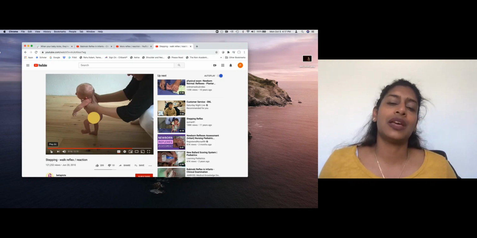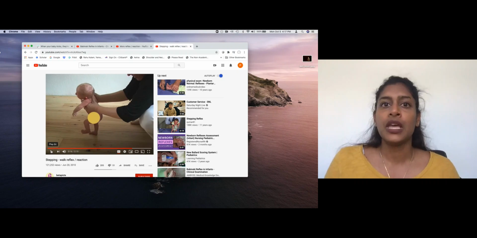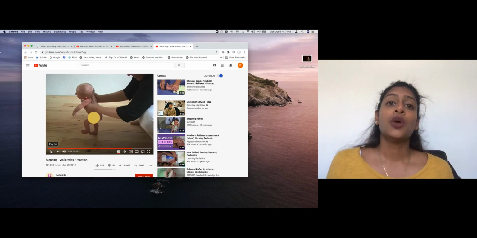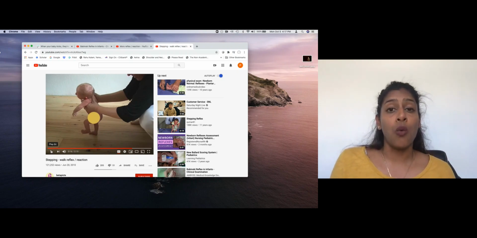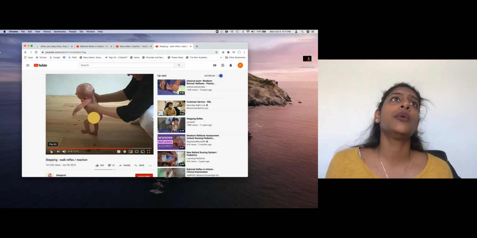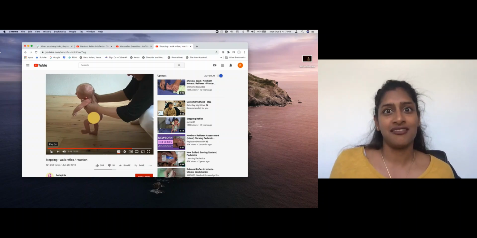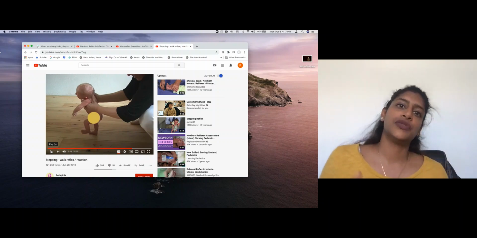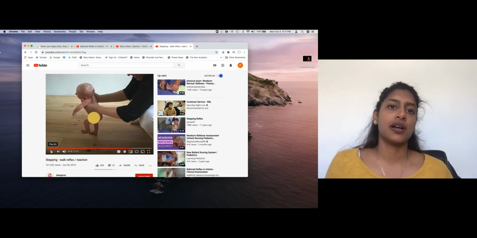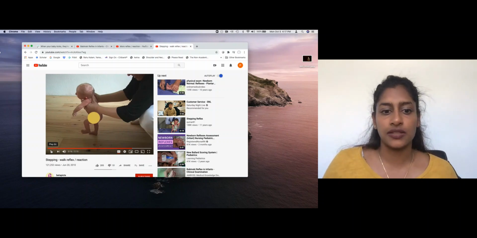Even if somebody is helping us, the leg muscles and all that become heavier. It becomes much more difficult to engage in that stepping behavior. When you put a child into water, it removes that gravity, right? And so it allows for that reflex to happen because these muscles aren't being challenged in the same way.